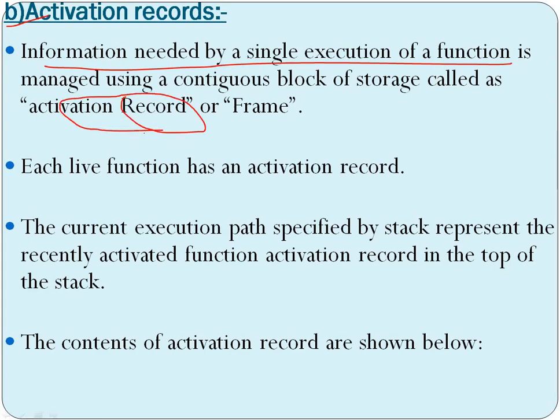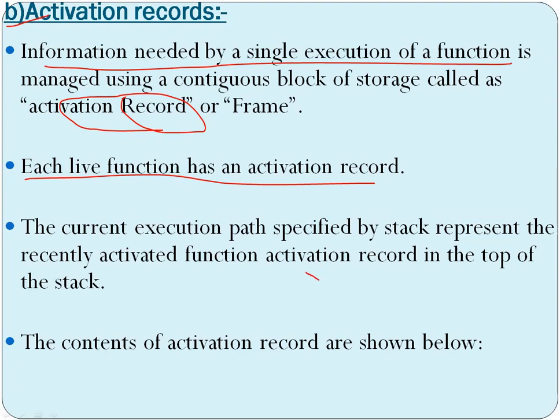Activation record is also called a frame. Each live function has an activation record. The activation record is available in the stack area only when the function is in execution. If its execution is completed, its activation record is immediately removed from the stack area.